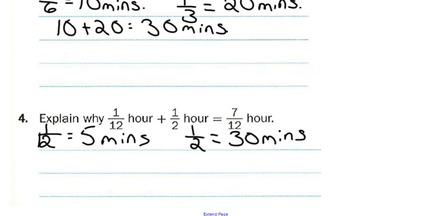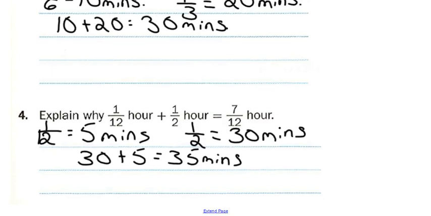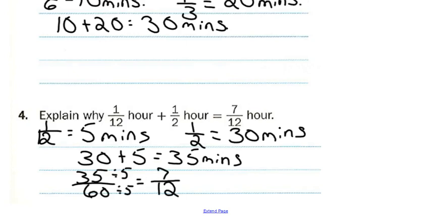So if we take 30 minutes and add it to 5 minutes, that's going to give us 35 minutes. Let's think about that in terms of the hour. That would be 35 out of 60 minutes. And then we can reduce both of these by 5, which gives us 7 over 12, or 7/12 of an hour.